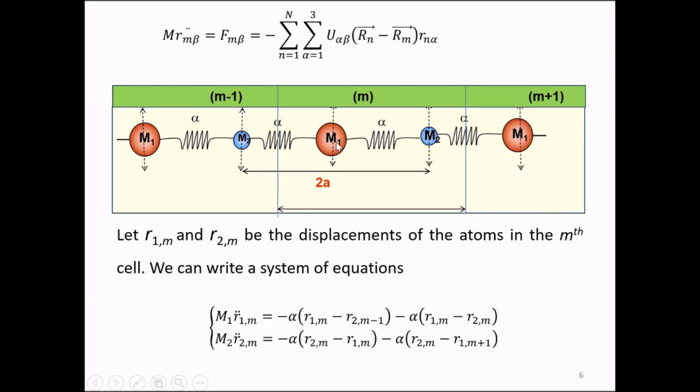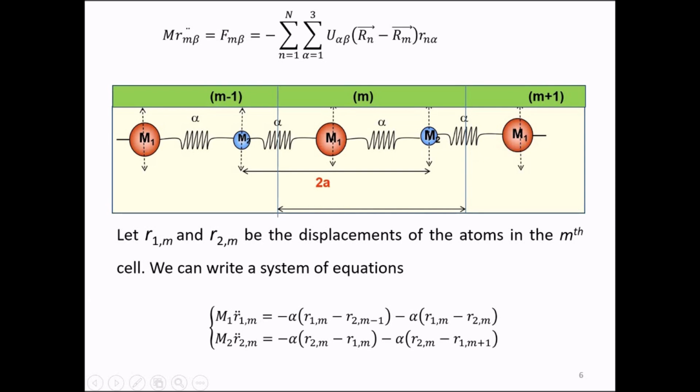We consider the interaction of the M2 in the cell M-1 on this atom M1 only, and the other interactions we neglect.